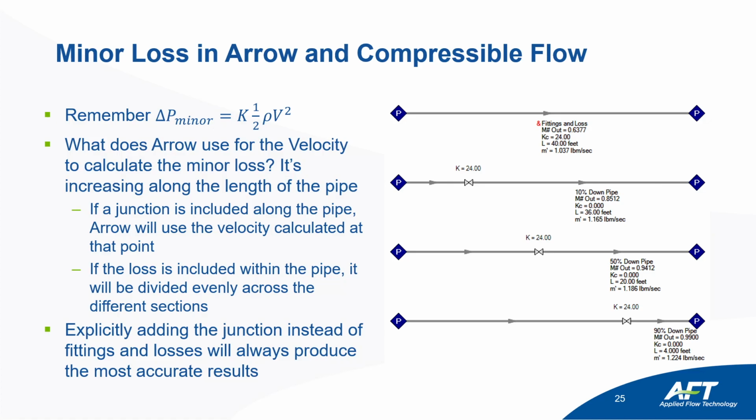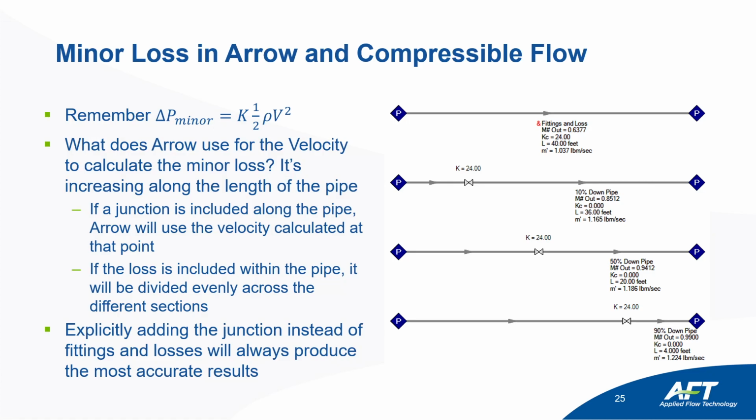If a junction is included inside or along the pipe, such as within your fittings and losses, Aero will break it up into the pipe and add it as a sum average across this pipe.